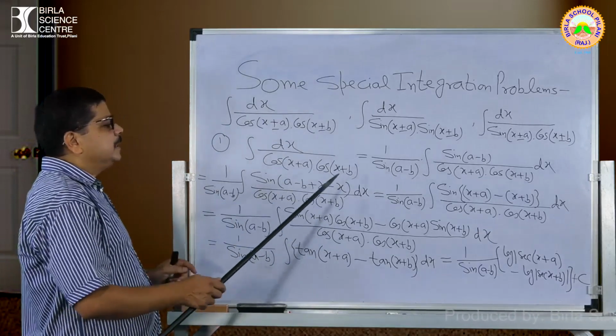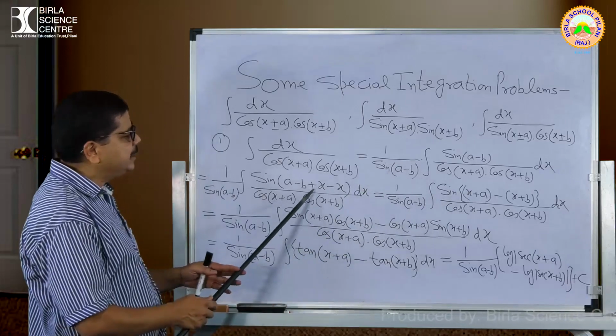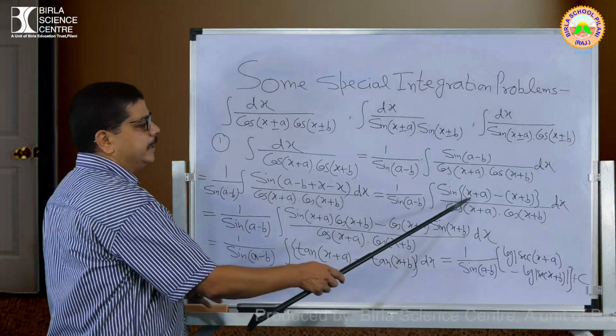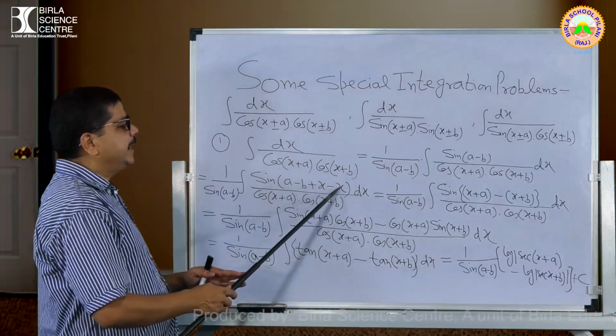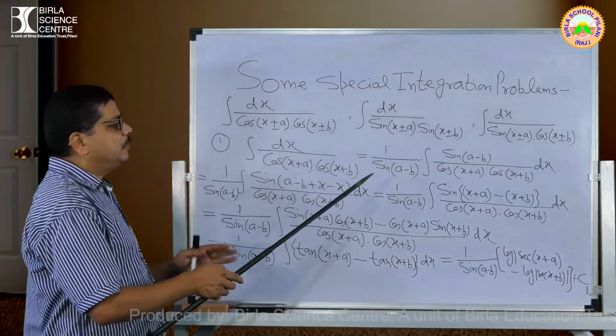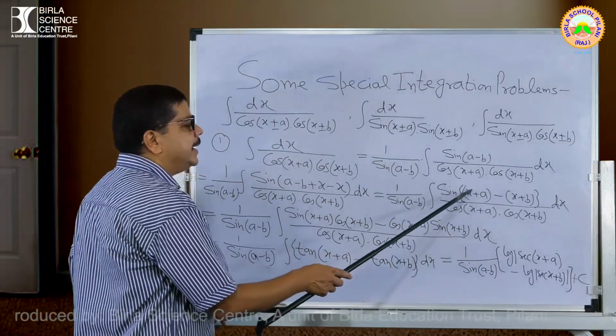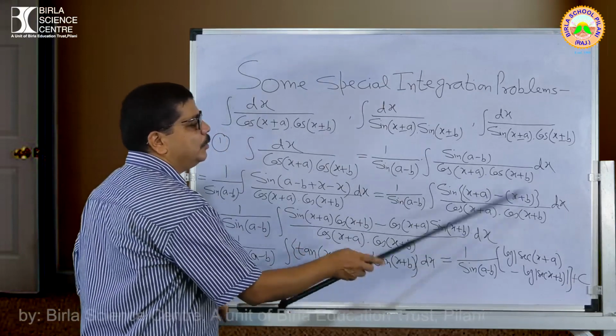So it becomes sin of, taking these two terms together, x plus a, and minus common, then x plus b. So here is the main point. We arrange the terms like the terms given in the denominator.